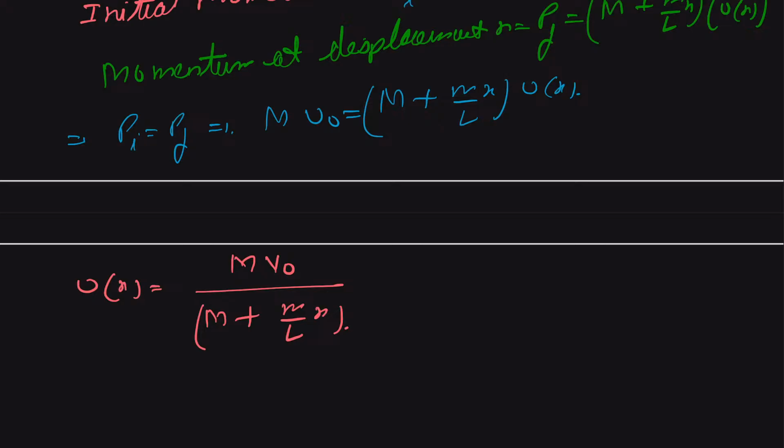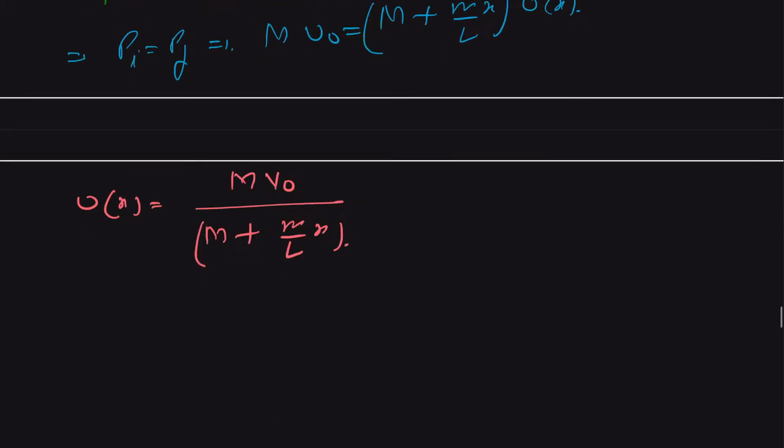Now we are supposed to find the tension at point P. The tension at point P means when the distance is x. The rope is continuously being brought from rest into motion at speed v of x, which we just calculated. So the tension, or the force, will be equal to the rate of momentum transfer.